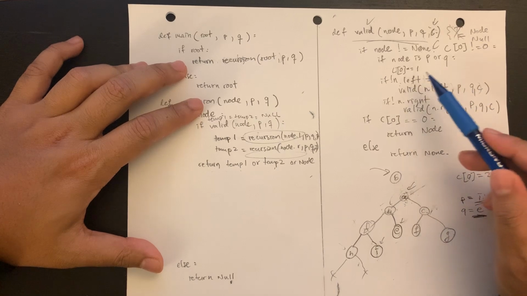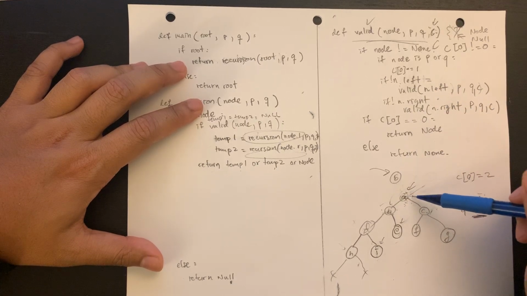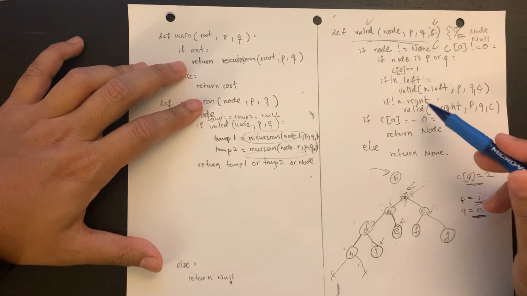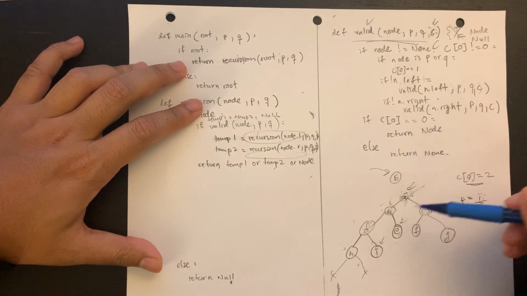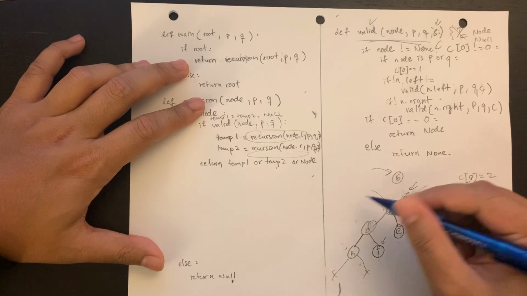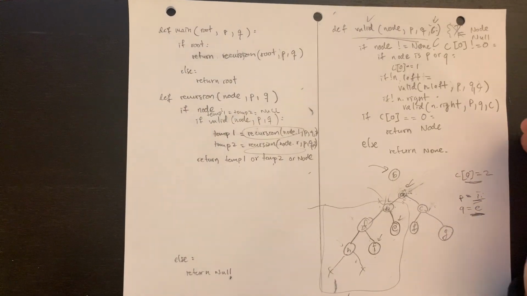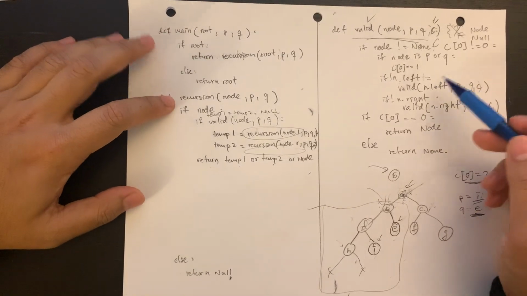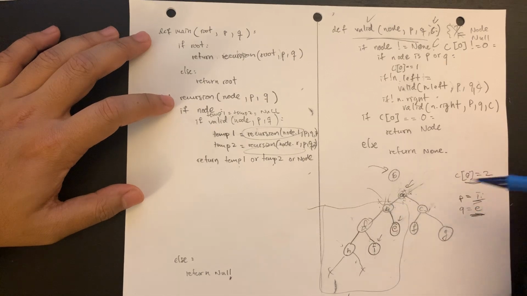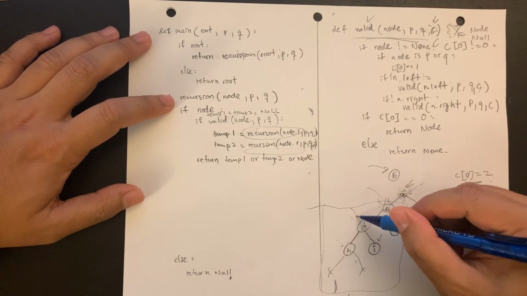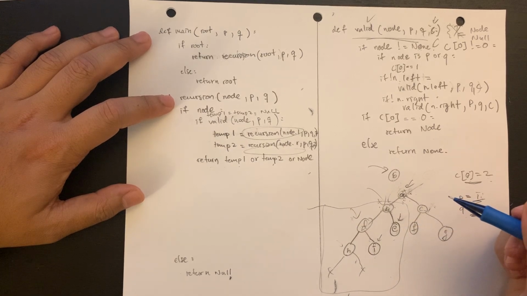So we check A. We don't subtract this at all, and then we traverse left, and then we call on valid. So now our stack frame is on this, and since it's B, we don't subtract this at all, and then we go left and we go right here.